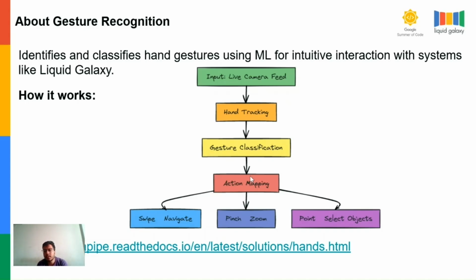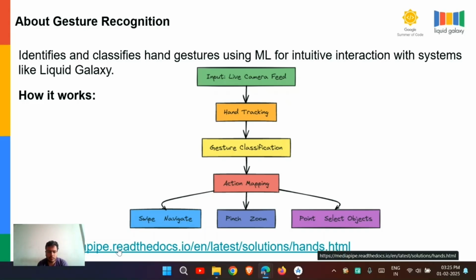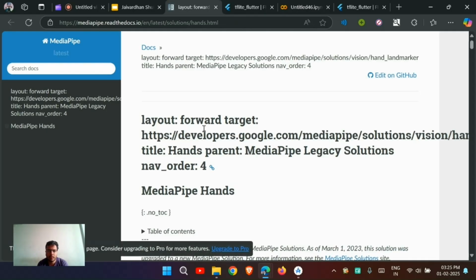If any gesture is identified, then we have to map that to a specific action. For instance, there are three different actions provided in this flowchart. We can basically have n number of actions. So now we are going to discuss how things work.